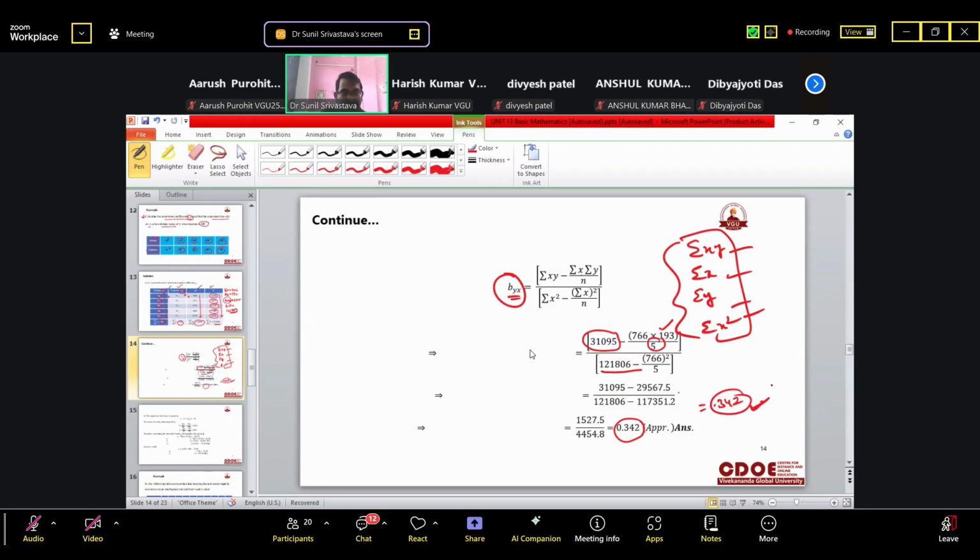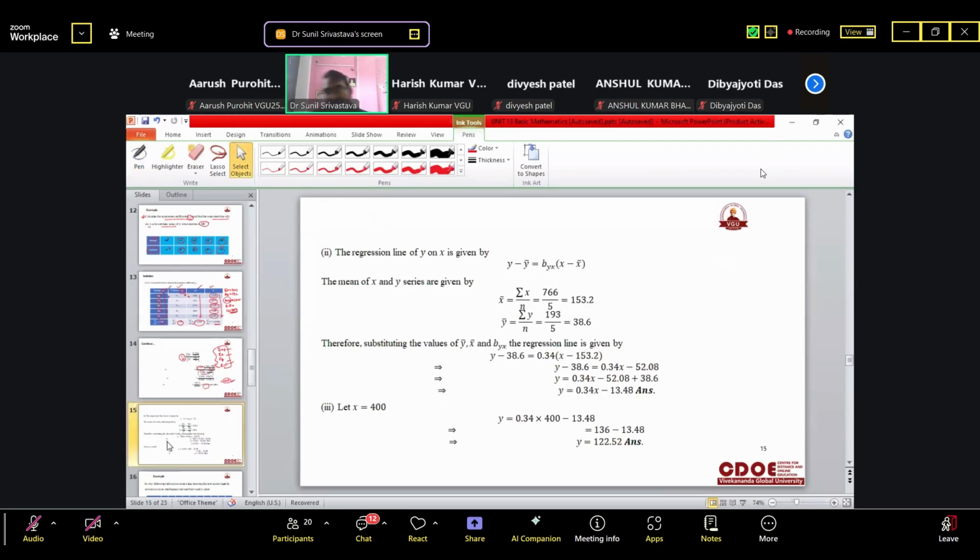In this problem, we are also asked for some other results. First, we found the regression coefficient; now we have to find the regression line of y on x. The regression line of y on x is given by y minus y bar is equal to byx times x minus x bar.